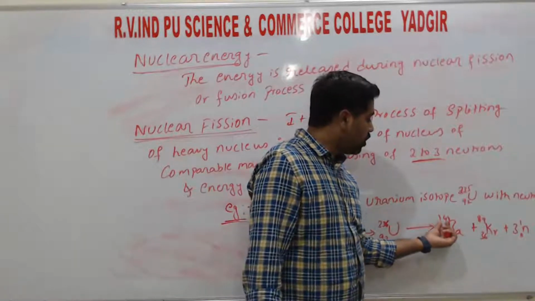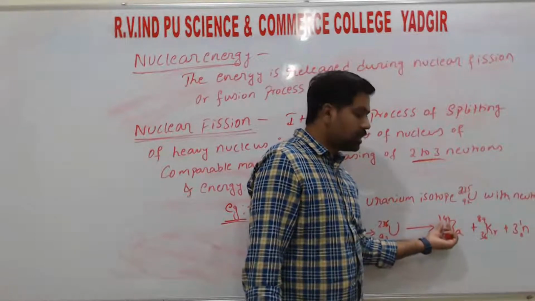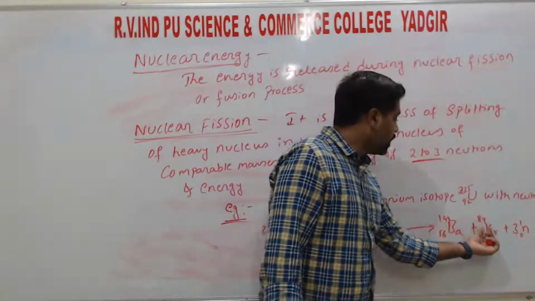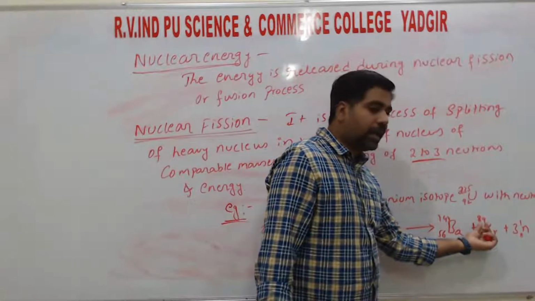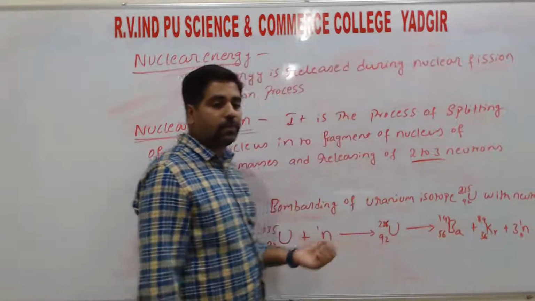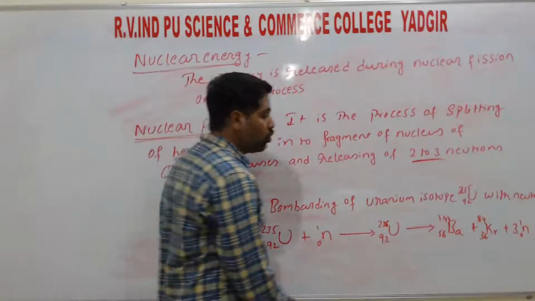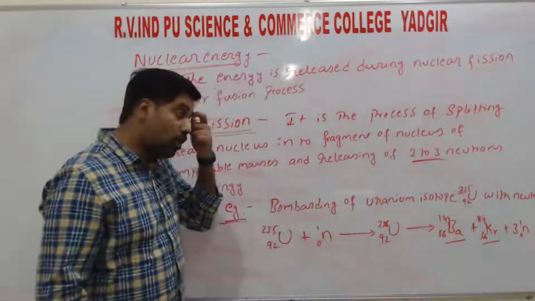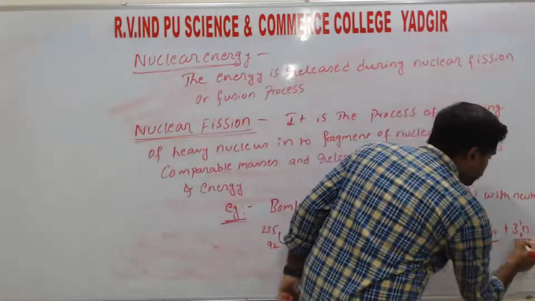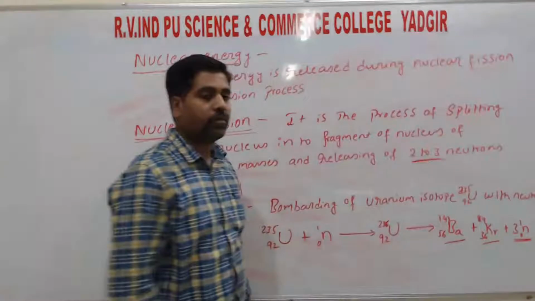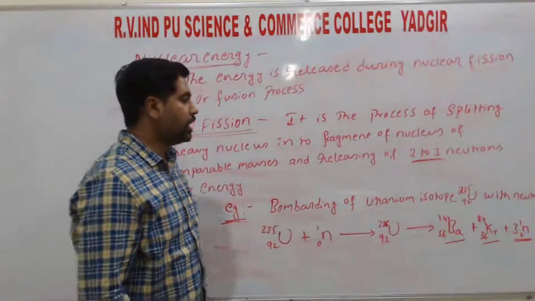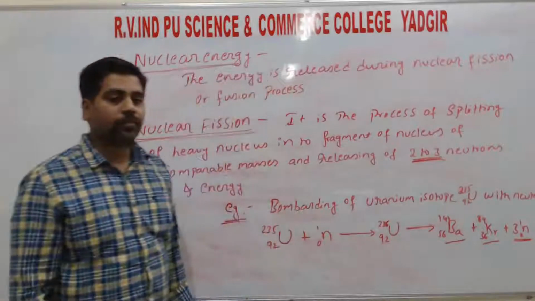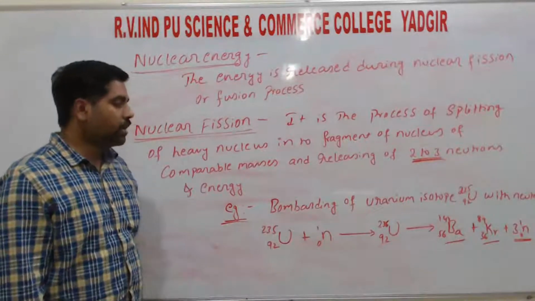One is barium with mass number 144, which lies between 30 and 170, and the other is krypton 89, which also lies between 30 and 170. Then these two are stable nuclei, right? Along with this, three neutrons are released along with the energy. So here 2 to 3 neutrons are released, right? This is one example.